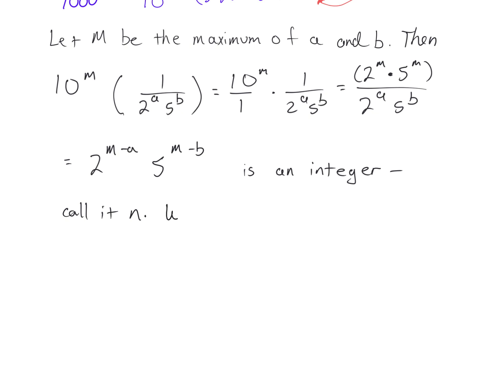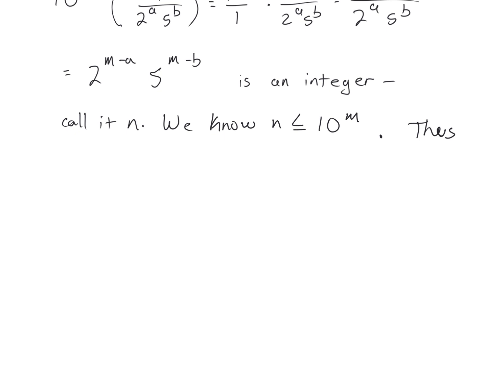So we know n has to be less than or equal to 10 to the m. So then thus, we can say 2 to the a, 5 to the b must equal n over 10 to the m.